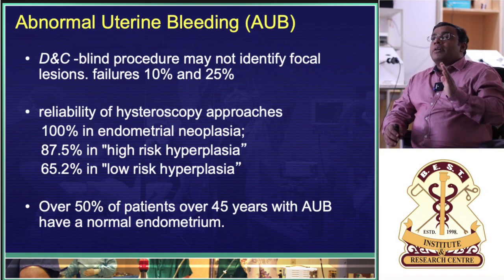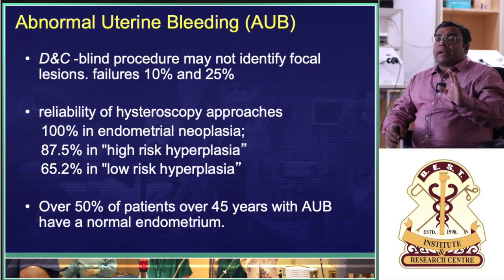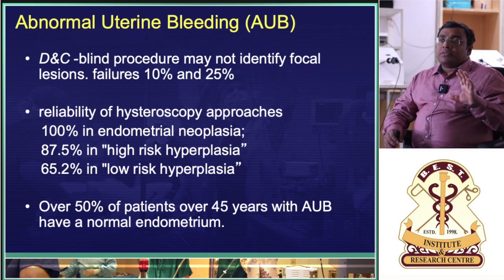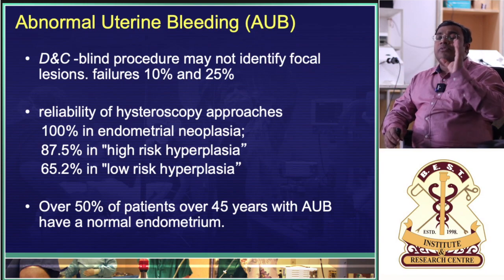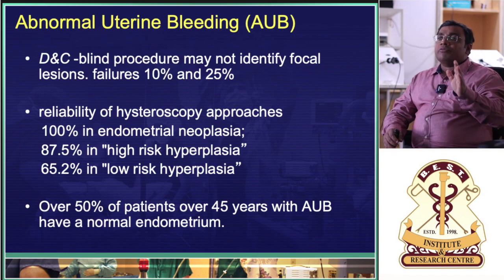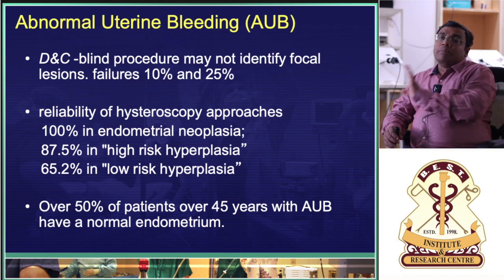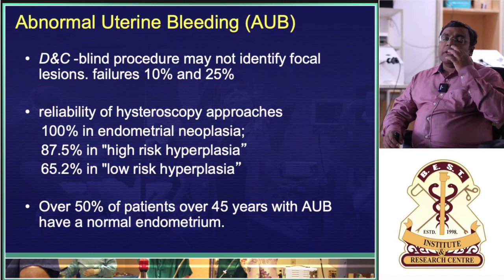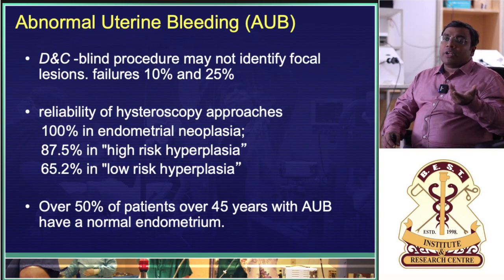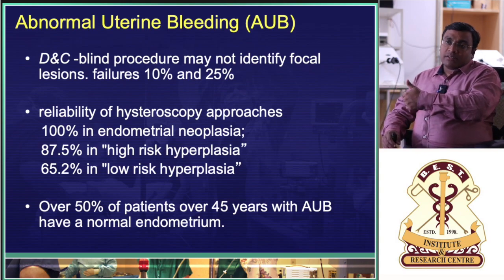Today in modern gynec practice, you should always offer them hysteroscopy plus guided biopsy. That is what you should suggest for any woman who is coming with abnormal menstrual bleeding, even for women with postmenopausal bleeding. Postmenopausal bleeding is another type of abnormal uterine bleeding based on age.